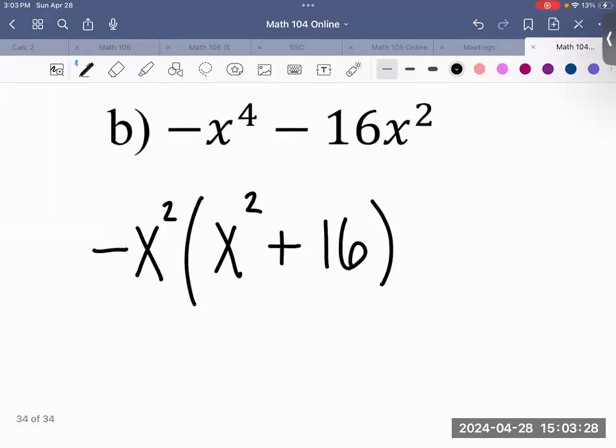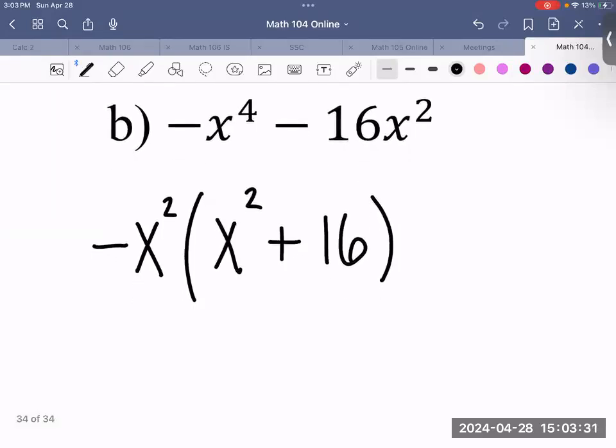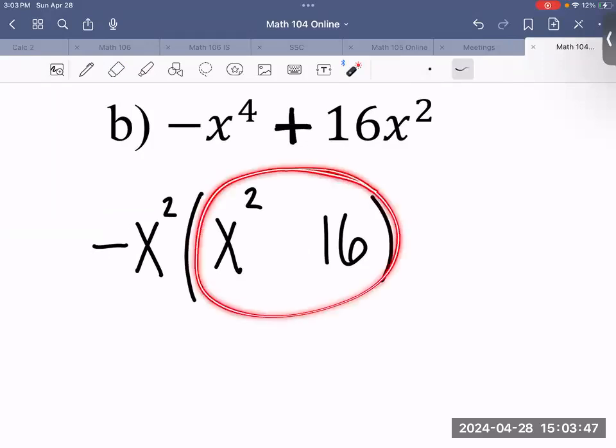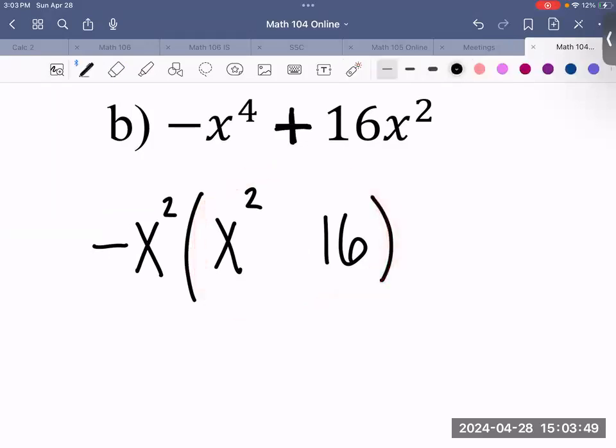And I wonder if I made a mistake on this one. I think I did. I think I wanted to change it up. Can we change this one to a positive for me? We still want to be able to recognize what's going to be happening here.